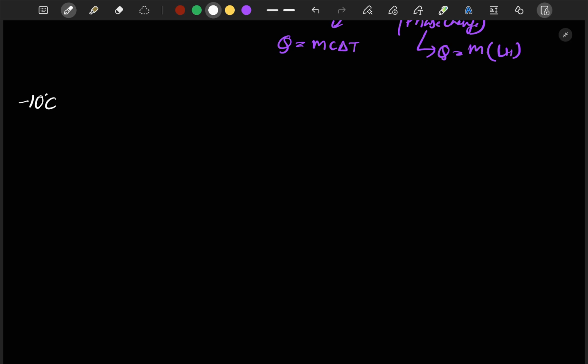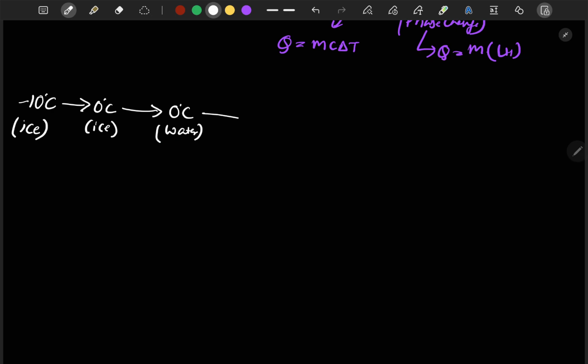While heating, it will first reach 0 degree Celsius ice. After that it will absorb some more heat, and then it will reach 0 degree Celsius water.